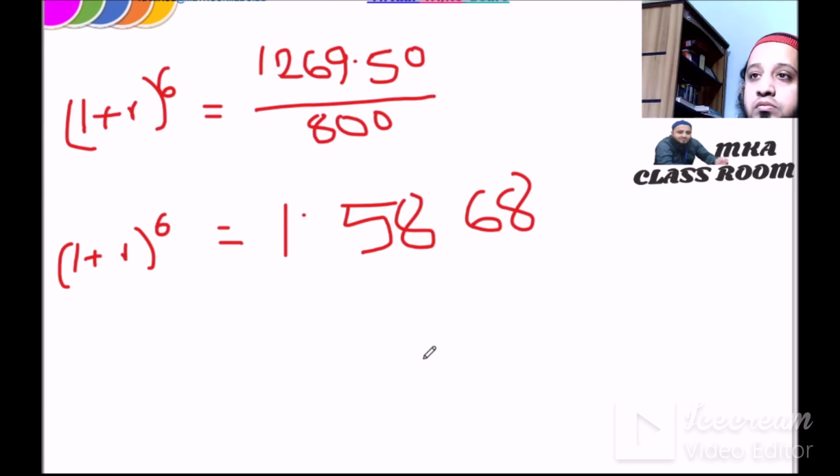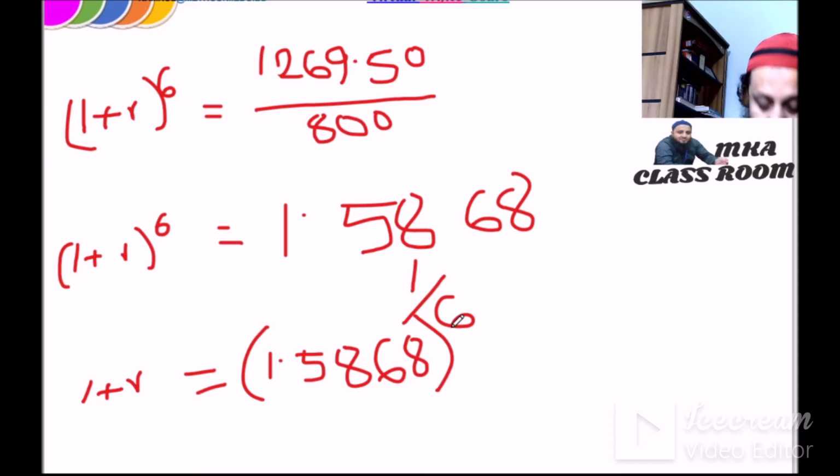Then 1 plus r equals 1.5868 power 1 divided by 6.